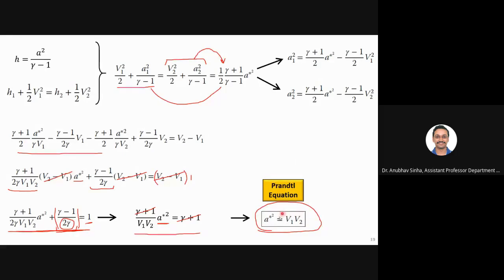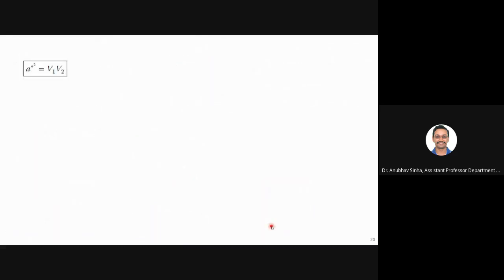This is the Prandtl equation we had in the last slide. If you use that, you also know that M star is equal to velocity divided by A star. So here A star square is there, and M star is V by A star.